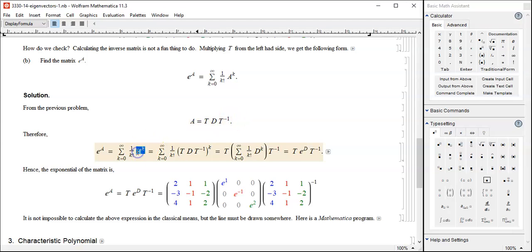So A to the k power is T D to the k power T inverse. So we have any power series expansion like T, whatever power, and then T inverse.